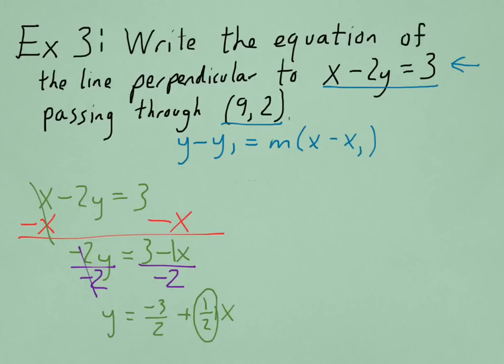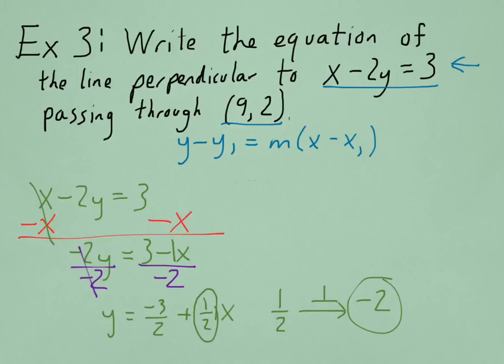The slope that I want, though, is perpendicular to that. So 1/2, if I find the perpendicular slope, becomes -2 over 1, but you don't have to write the over 1. So I know now my slope that I'm going to plug in is -2. I have a point and a slope now, don't I?